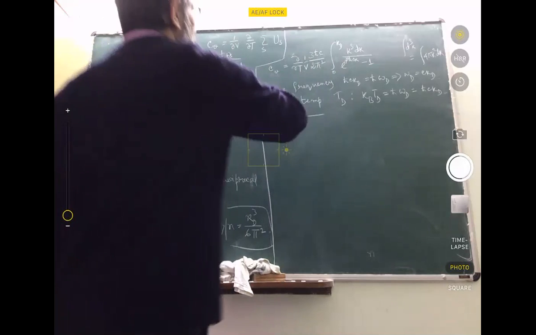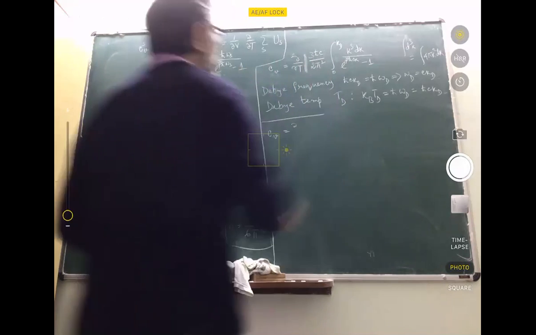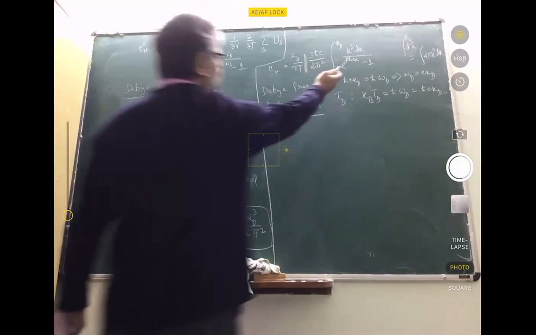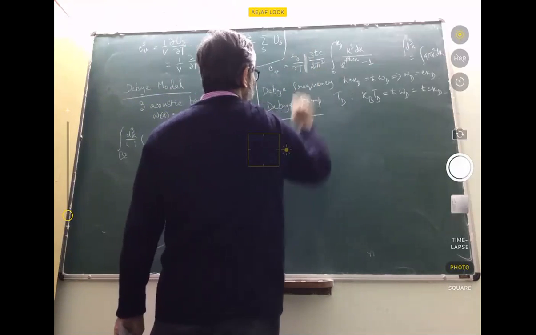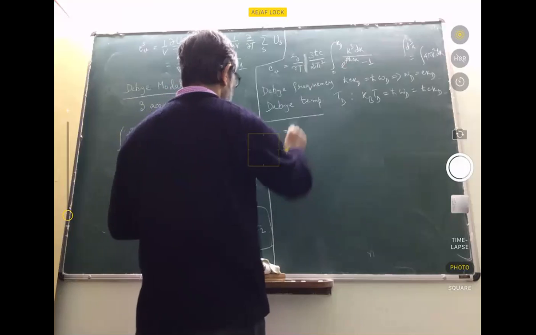Wait a second. That 1 over V was in the k sum, and when we replace it by an integral, that is taken care of. So I don't need to worry about that. So all I have to do is to take the temperature derivative of this.